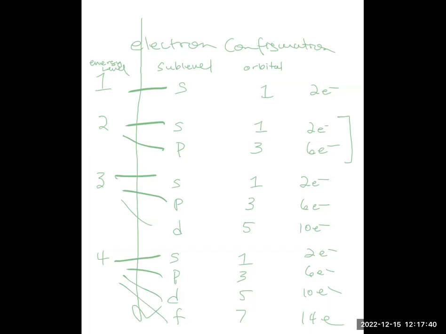Okay, it's not quite that simple, but that's going to get us through today. What you'll know later on is that 4s fills before 3d, but don't worry about that right now. So let's do a few practice ones, and then we'll talk about dot diagrams, etc.